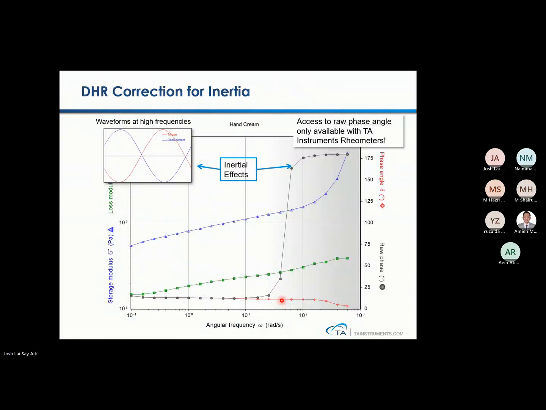Okay, and we can correct up to 175. If above 175, all these points are already invalid, but you can still use the points before it started to shoot above 175. So this is how we can validate every single modulus data point by the user itself.